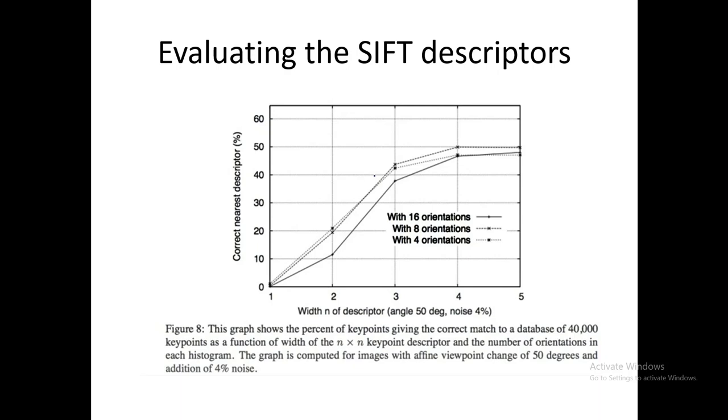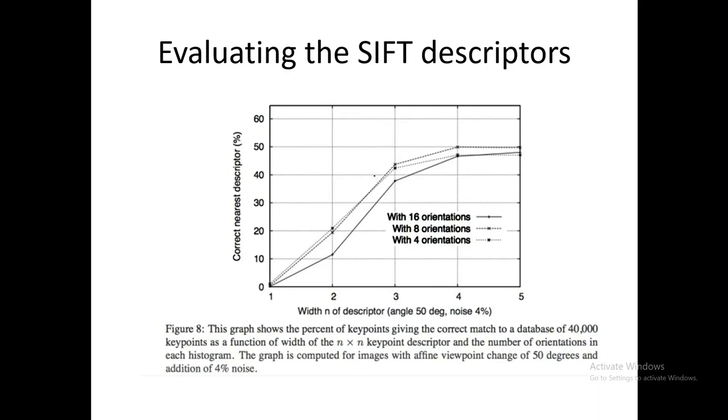In the first graph, the error measure is the correct match descriptor percentage, shown in the vertical direction, meaning how often the best match is the correct one. In the experiment, the author varied a couple of things.